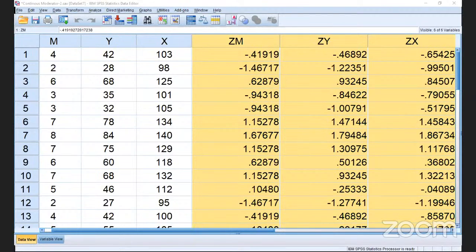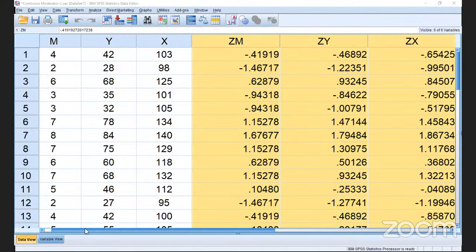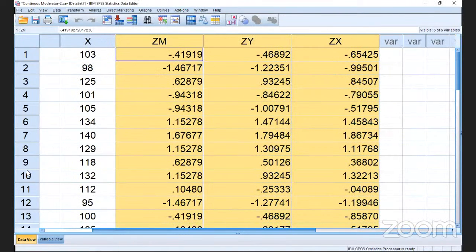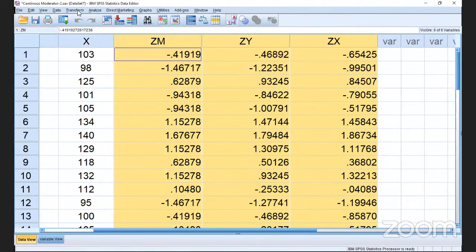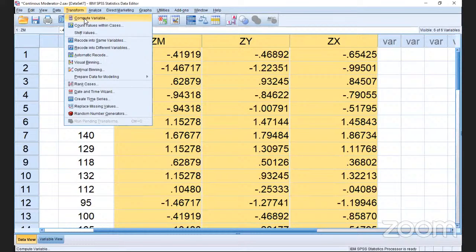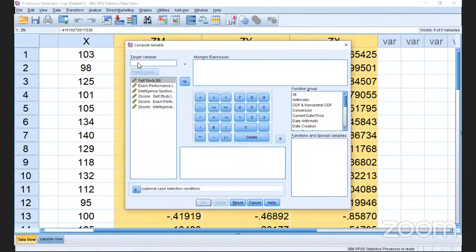Now this is my first question. I stop sharing this. Now I am creating a new variable, that is the interaction term. Transform, compute variable, then I am writing here interaction.